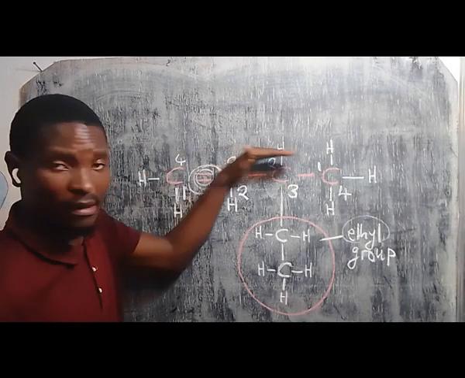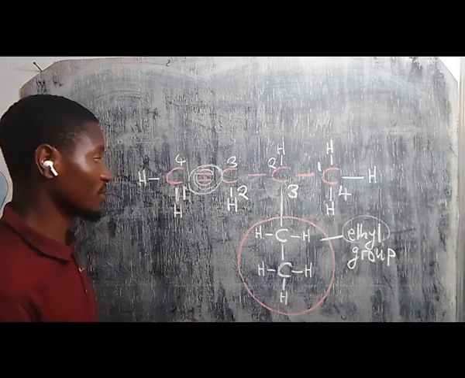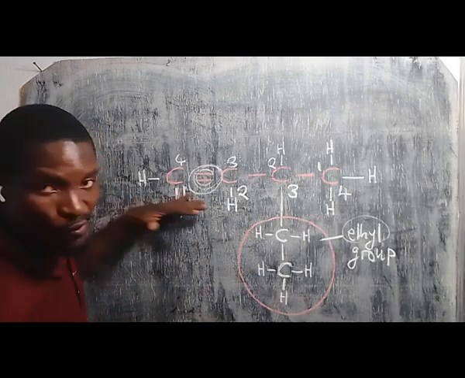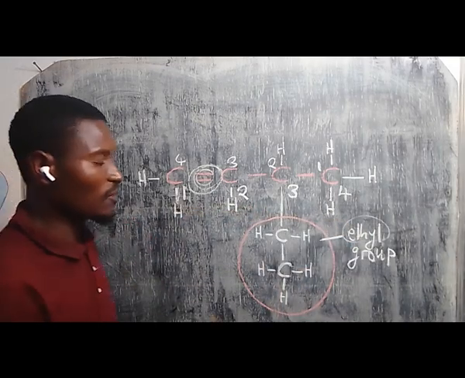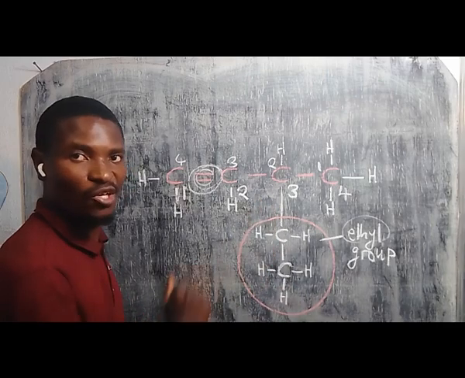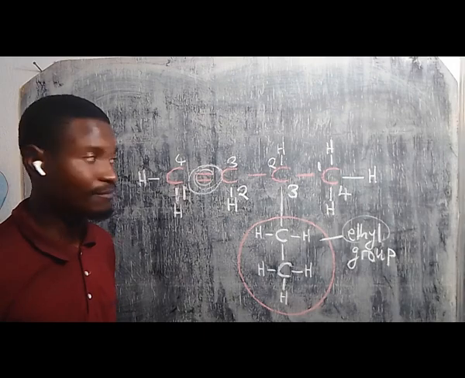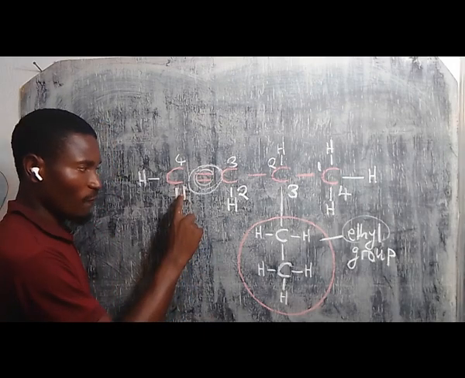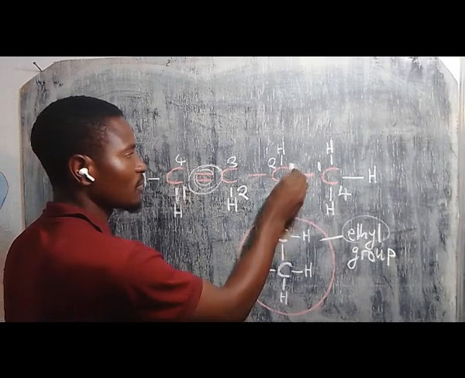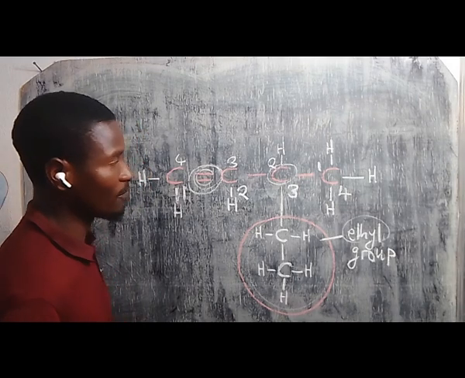So the numbering on top is actually incorrect, while the numbering at the bottom is correct. So we follow the bottom numbering so that we can identify at what position of the carbon this ethyl group is branching off from the normal hydrocarbon. Following this one, 1, 2, 3, at carbon number 3 is where the branching off is taking place.